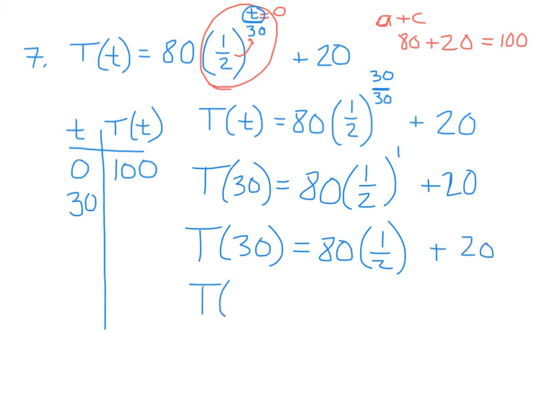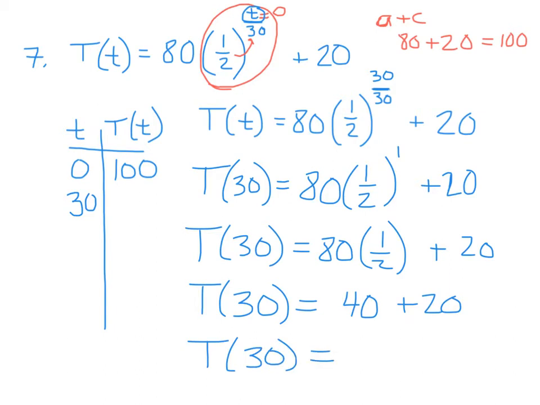So all I'm doing is, 30 minutes later, 80 is being multiplied by a half once. So that's 40 plus 20. At time 30, I applied the half to the 80 once, and so I end up with 60 degrees Celsius. That's plugging in 30.